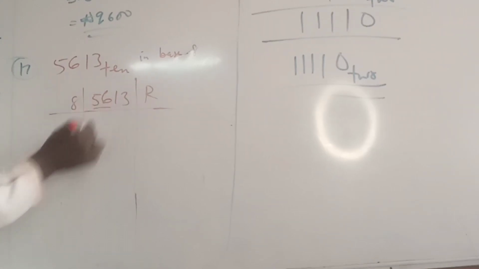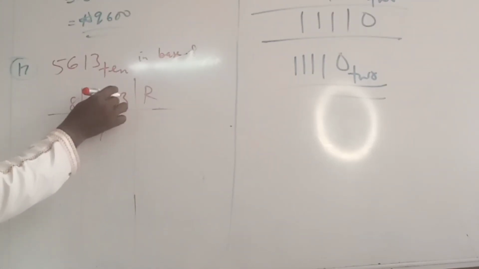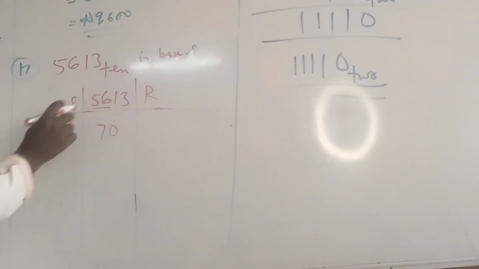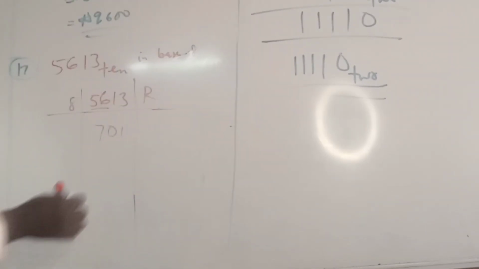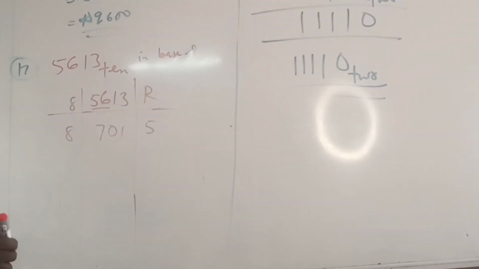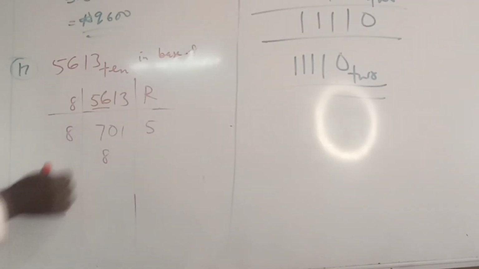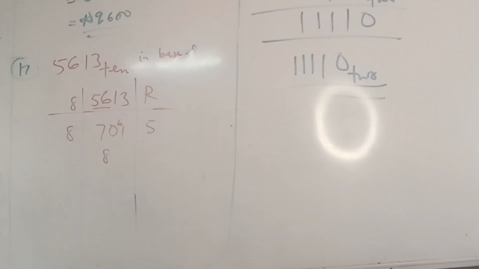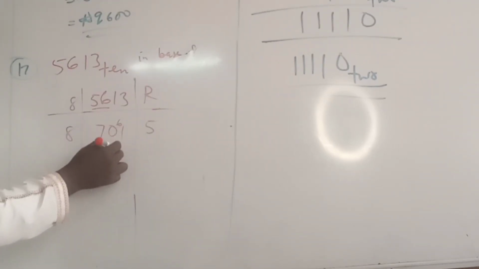8 in 56. 7. 8 in 1. 0. 8 in 13. 1. Remainder what? 5. 8 in 70. 8. That is 64. Remainder what? 6. Right? So 8 in 61. 7.